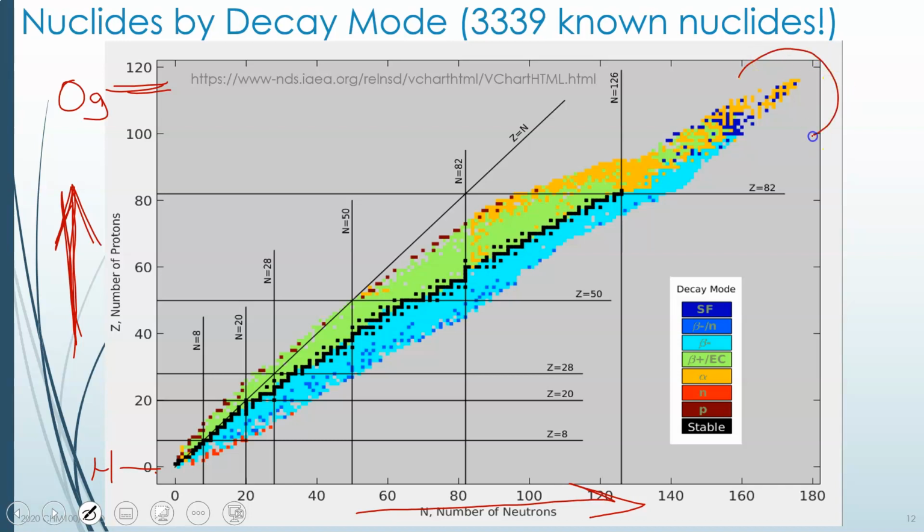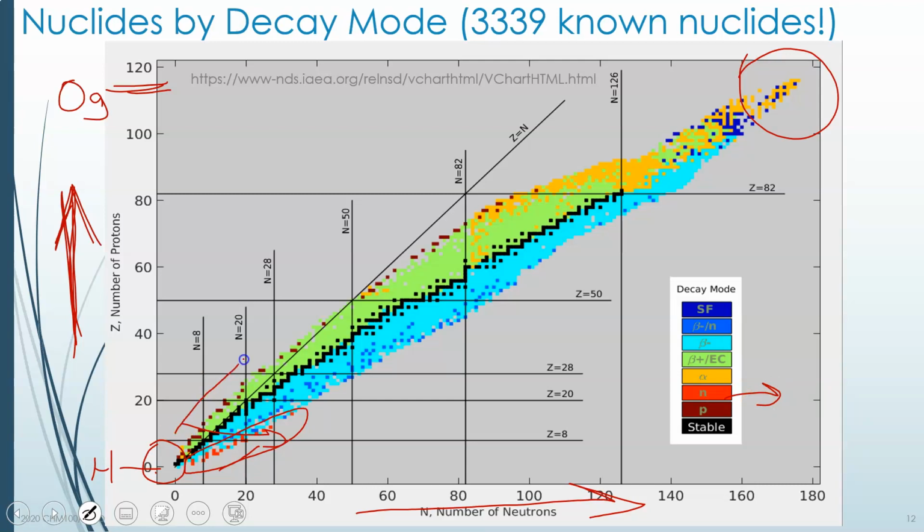So elements at the top part here have the highest atomic number, but also the highest mass number, whereas the ones down here are the smallest isotopes, the smallest nuclides. And you'll notice that the ones that have a lot of neutrons, because they're over to the right, they lose neutrons. That's their main form of decay.